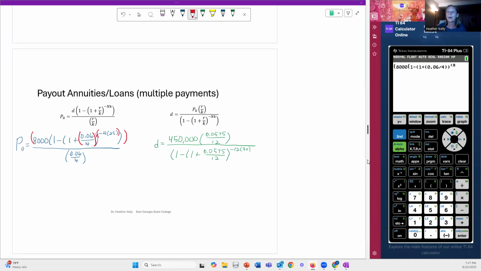parenthesis. Now, be really careful. This is where you get your negative, right down here. It's this negative button right there that gives you your negative. If you use the minus sign for a negative number that's the first number in an expression, it will not work.